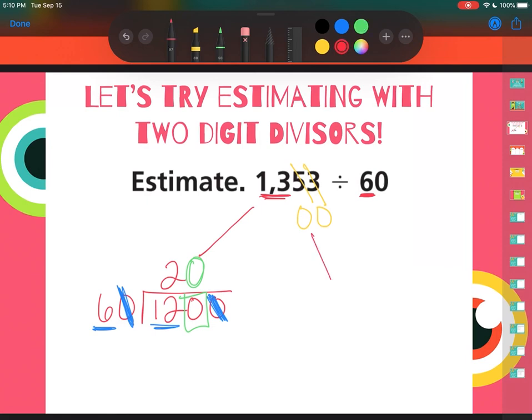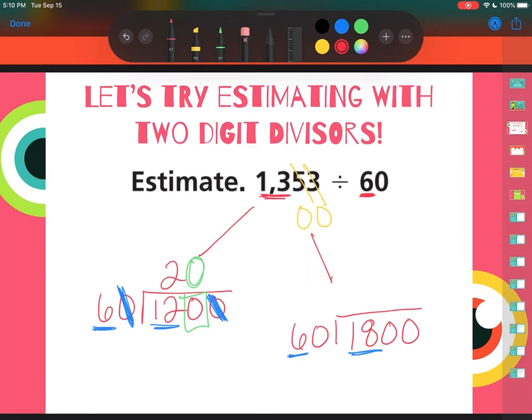So now let's try that with our upper estimate. Thinking about a multiple of 6 that's just above 13, my next multiple of 6 that's above 13 would be 18. But I had that 5 and 3 that crossed out and became 0, so I'm going to add those to the end of my number, and I end up with 1,800 divided by 60. So now, same thing. I'm looking at my numbers that aren't 0 right now, which would be 18 and 6.